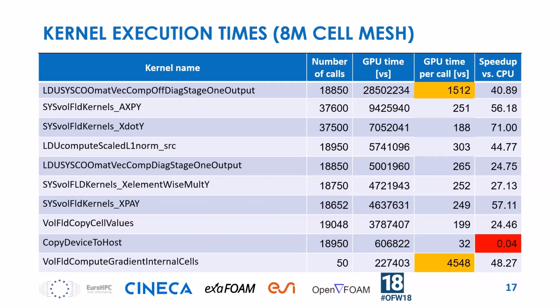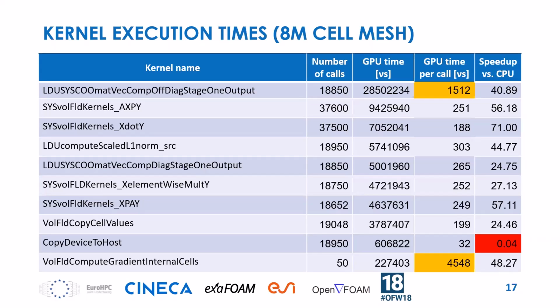The ones called the most, the first 9, are the ones needed for the preconditioned conjugate gradient, of course. And in 10th place, even if it's called only 50 times, so 2 per SIMPLE iteration, the gradient computation is actually one of the more expensive if we consider time spent per call.